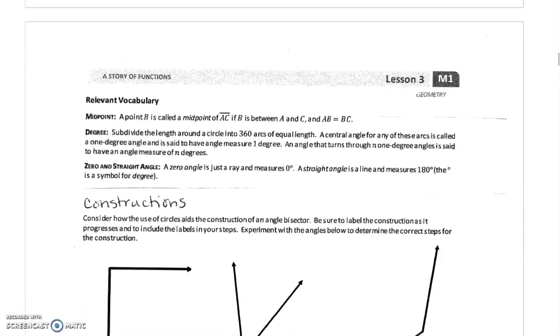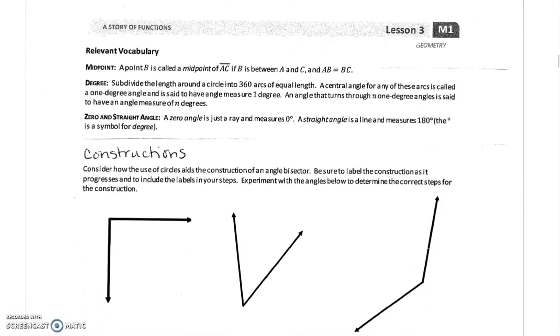All right, so last bit for lesson 3, this vocab, midpoint. Midpoint is just like angle bisector, except it's a point, not a ray. So here is A and C. B for this figure is the midpoint.